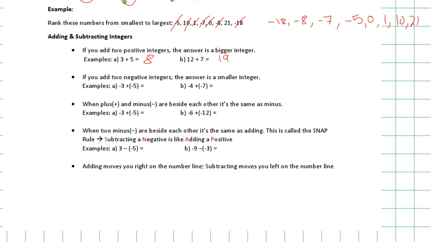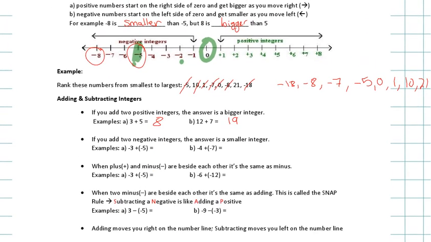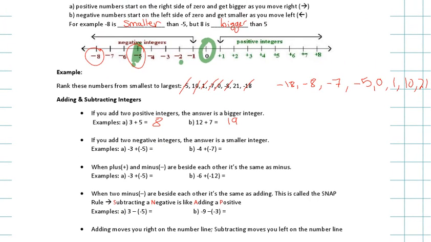So, -3 plus -5. Let's think about this number line right here. If you're adding -5 to your -3, which direction are you moving? That's right. You're starting at -3, and you're adding -5.